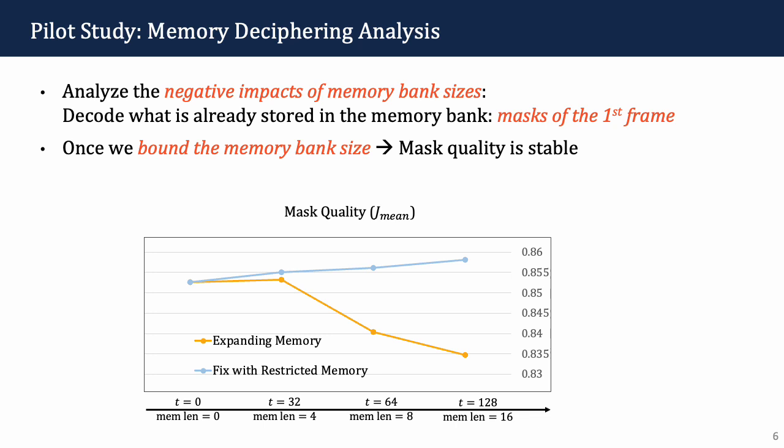We can quantitatively observe that the quality of masks, evaluated by Jaccard, can maintain the original performance without significant decrease, while an expanding memory bank shows steady drops. Therefore, we conclude that the size of the memory bank greatly influences the VOS performance.